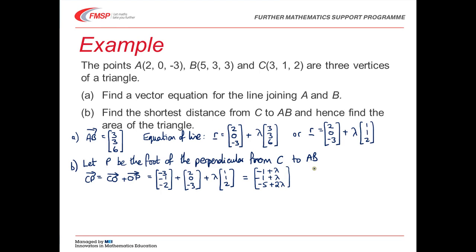Now then, CP is perpendicular to AB. And that means that if I dot CP with my direction vector (1, 1, 2), I should get 0.